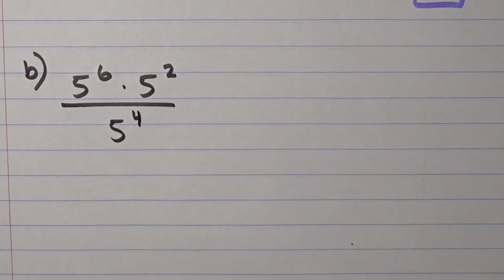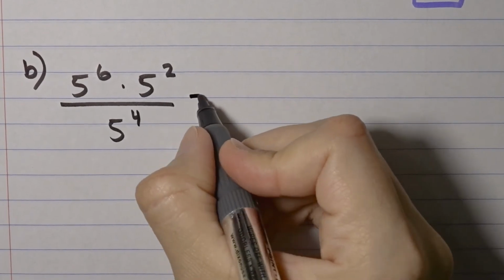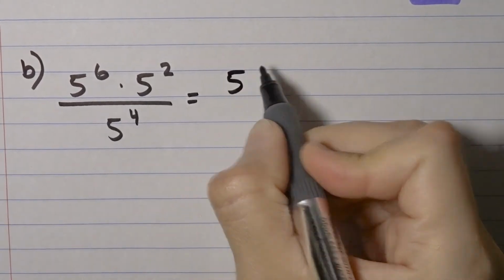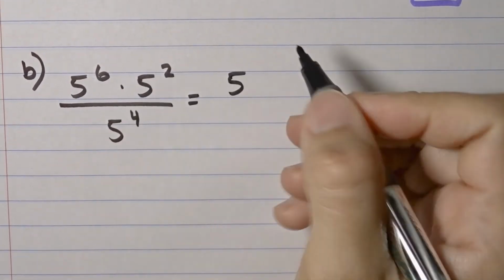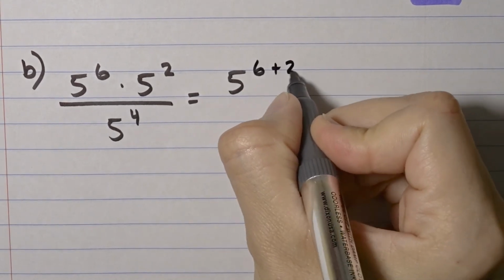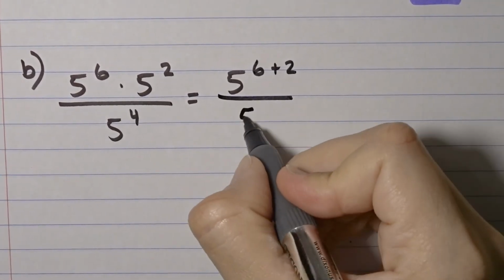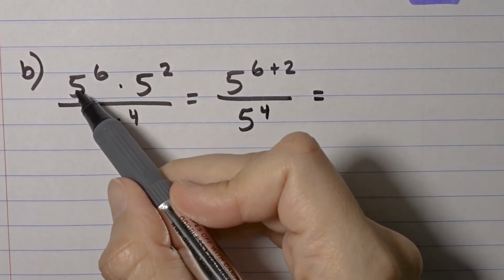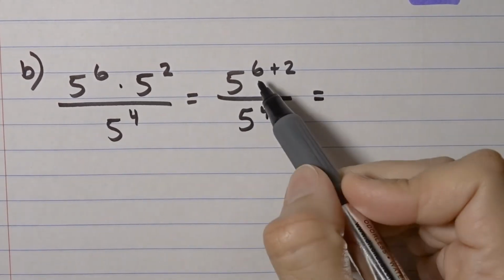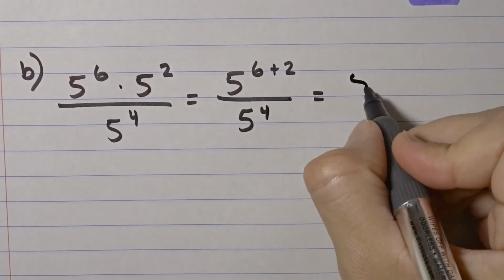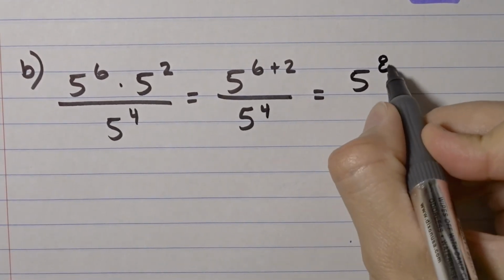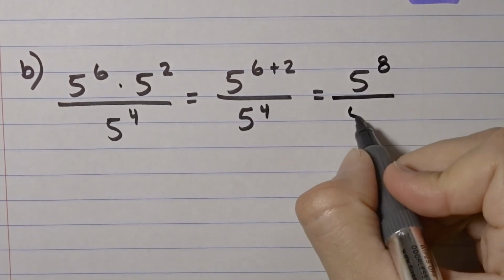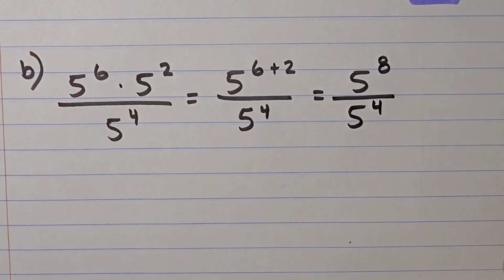And again, you have the product of powers in the numerator. So that's going to be 5 to the, you add up the exponents, 6 plus 2. If I have 5 multiplied 6 times and 5 multiplied 2 times, the rule was to add them up and get a total of 5 being multiplied 8 times altogether. Still being divided by 5 to the 4th.